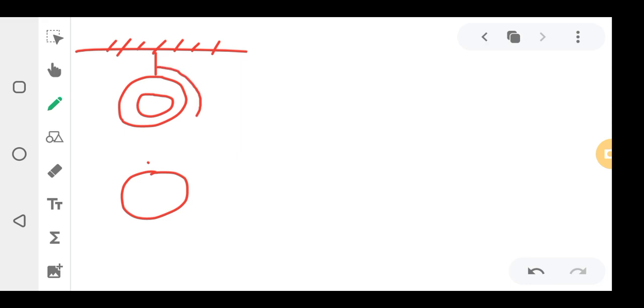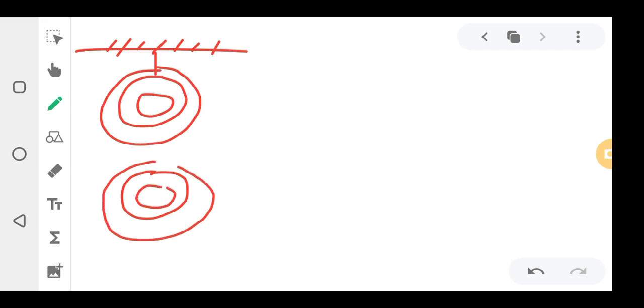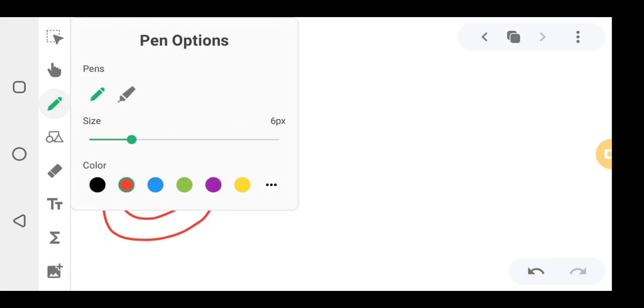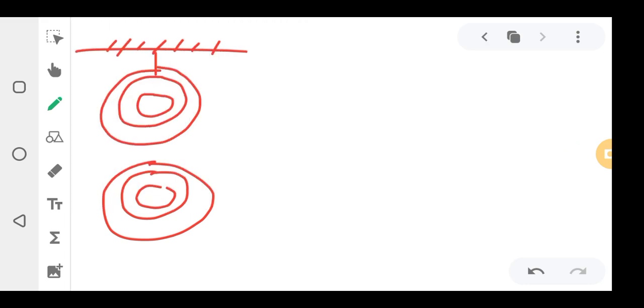Let me draw another one outside here, 2. So even here I put 1, I can put 2. A pulley like that. And then they may draw this line joining those 2 pulleys inside. Then this other line will join this pulley and that other pulley, and this other line joins this pulley and this pulley.